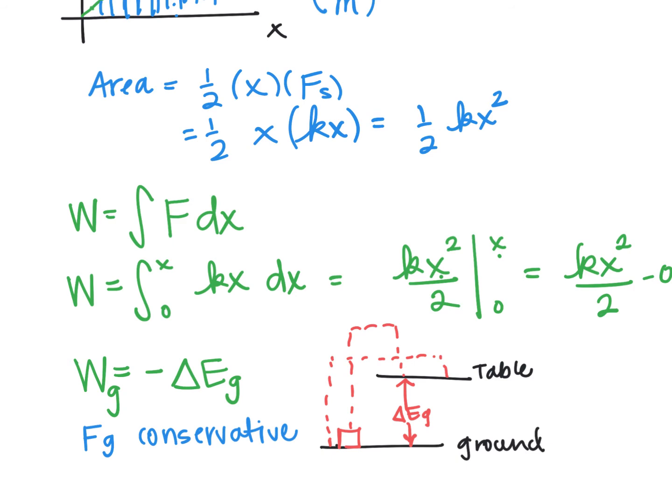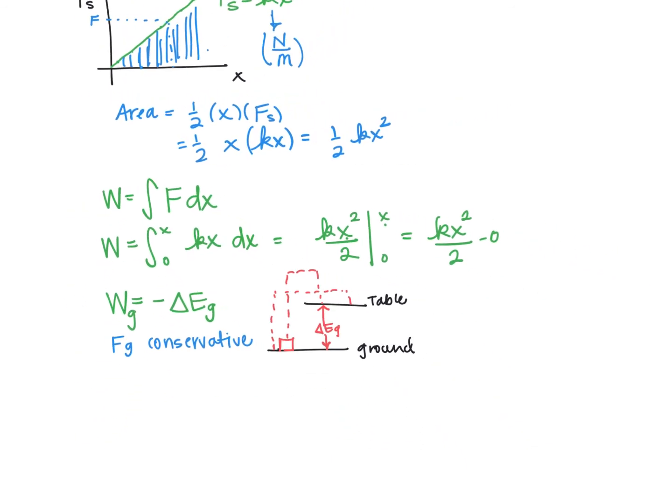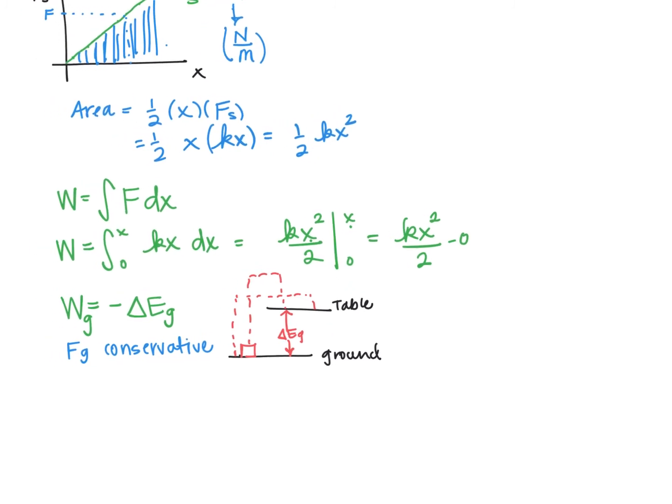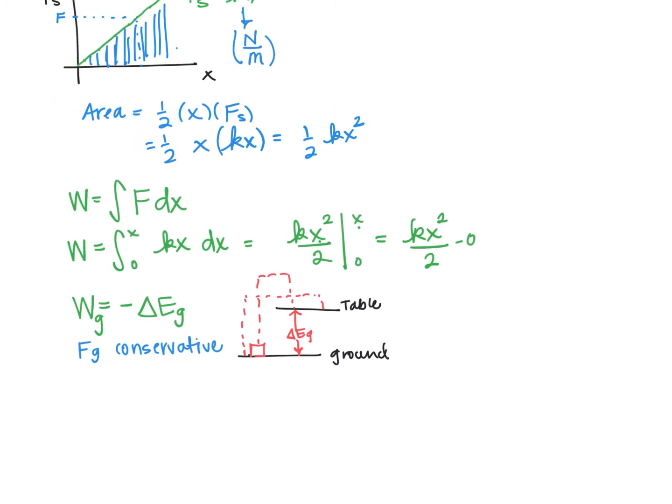So for most of our problems, we will consider the spring to also be a conservative force. That means that the work done on a spring will be equal to its negative change in energy stored in the spring.